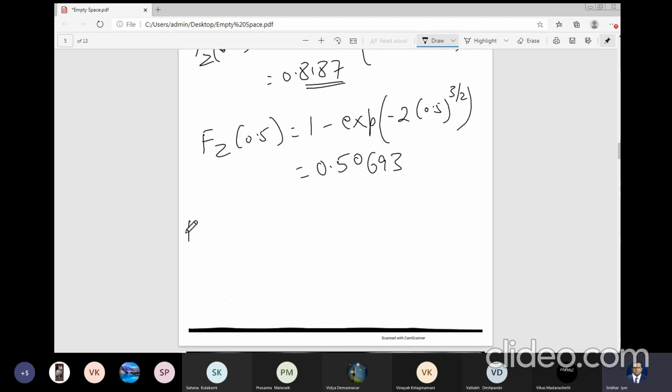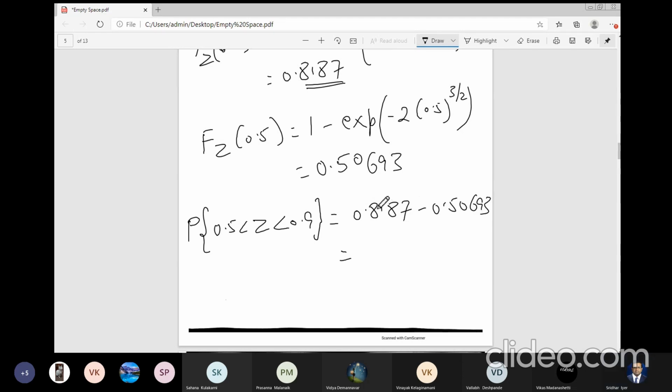So the total probability between 0.5 and 0.9 is 0.8187 minus 0.50693. So I get somewhere around 0.4069. Is anyone getting this?